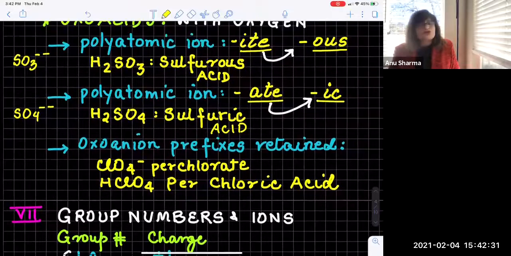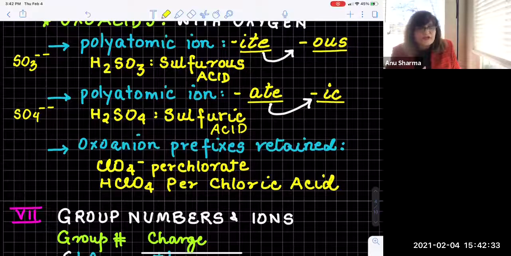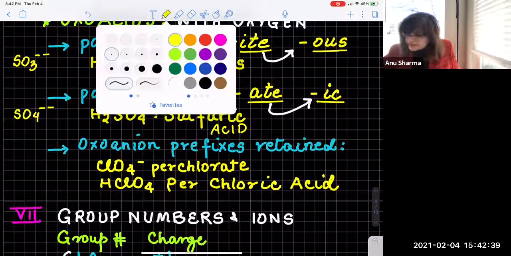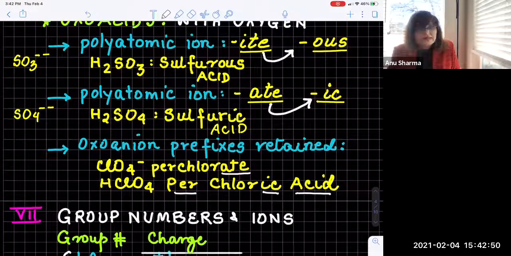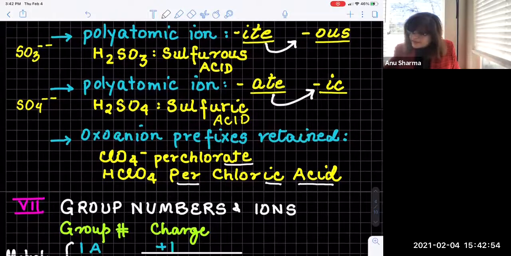Now comes the oxo anions, which have the prefixes. For example, perchlorate. The per is retained, per doesn't change. The only thing that changes, the ate higher oxidation state becomes ic, and then you put the name and end it with acid. All right, so this is how you call these acids.